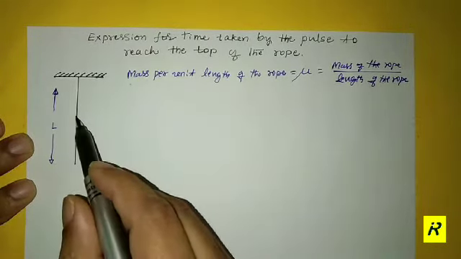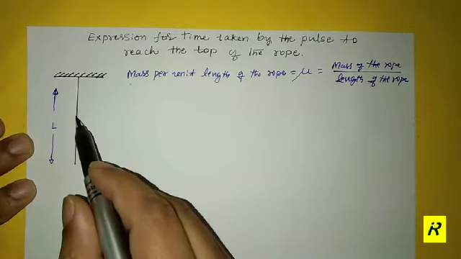Now this is equivalent to a kind of mass of a certain value. So what should be the tension at this point? That should be found first, right? So tension at this point.